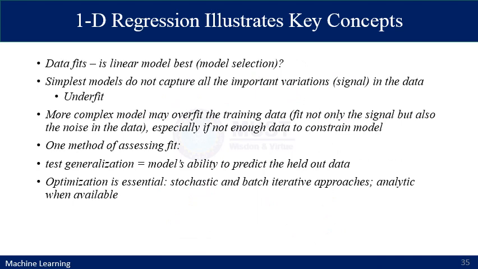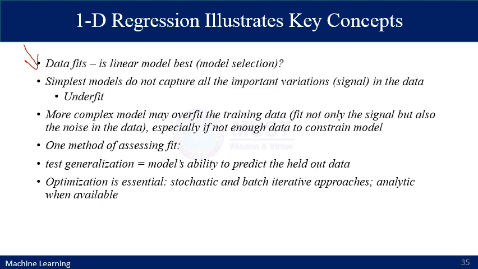So this regression has illustrated some key concepts. The first concept is the data fit. You have to ask the question of whether your data fits. Is the choice of linear model suitable, or do you have to choose a more complex model?